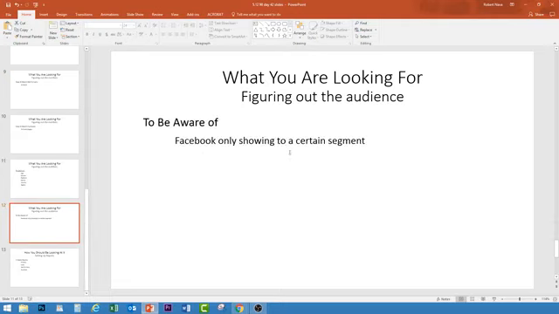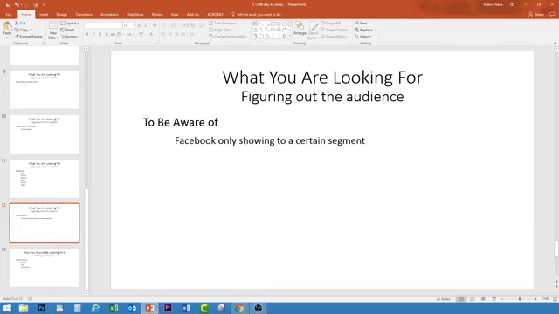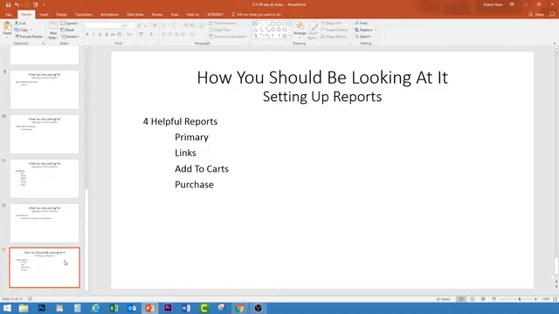What you're looking for in the breakdown is whether there are any places where Facebook may be showing your ads that are skewing your metrics, or any places where you should be focusing your ads to improve your results. I don't want to call it a glitch, but it's a side effect of letting Facebook optimize: Facebook might only show certain segments.